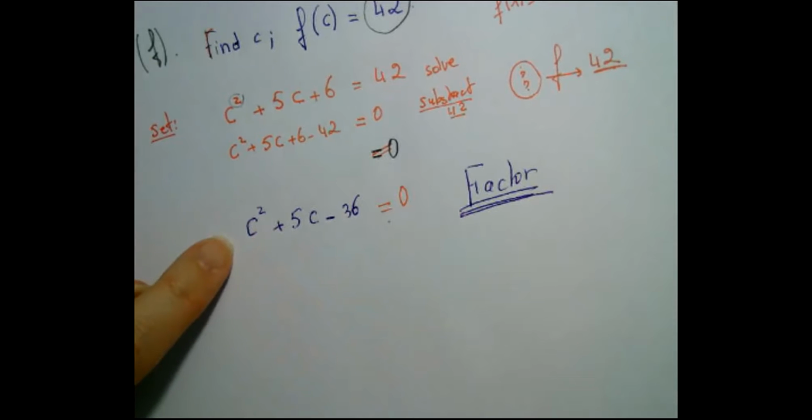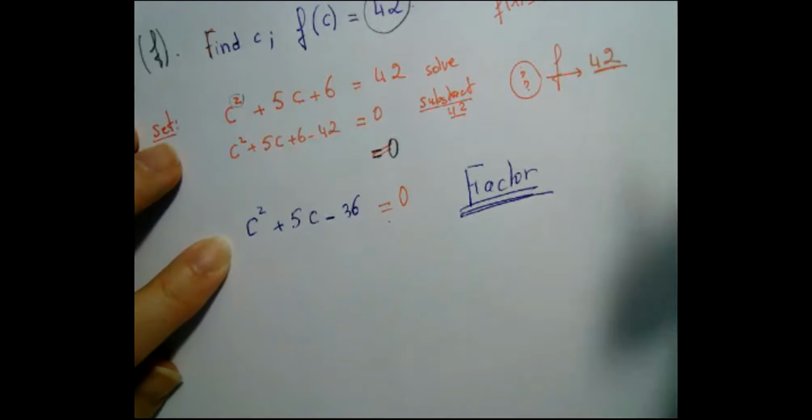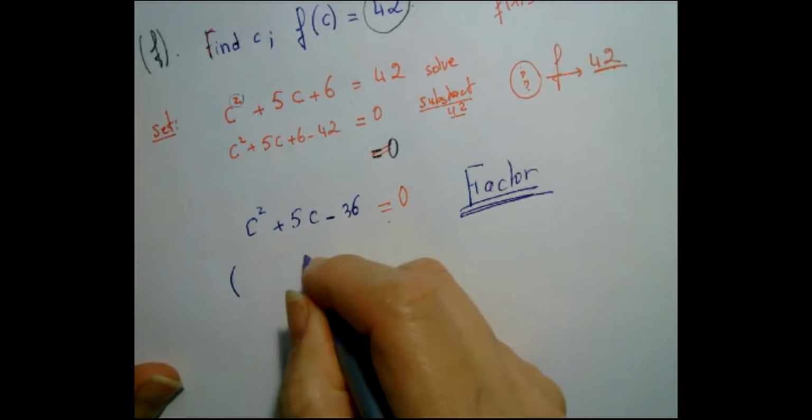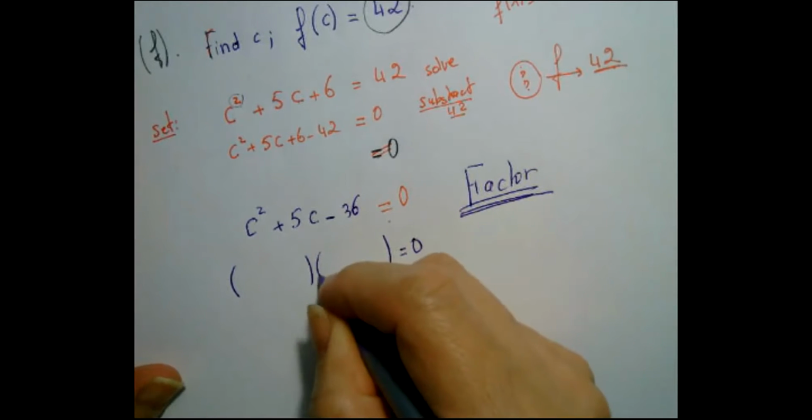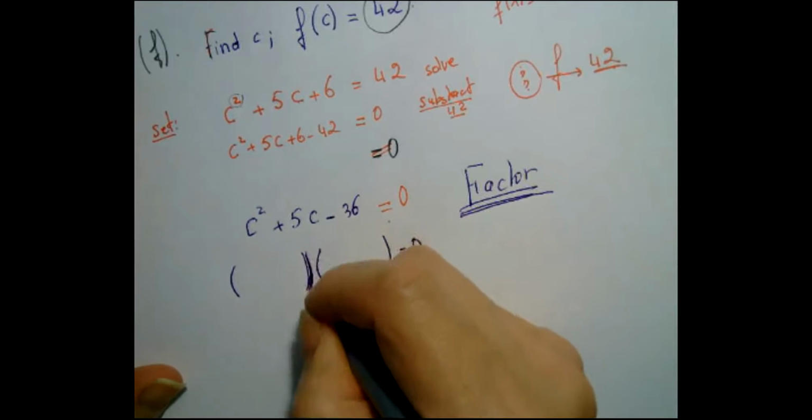So the only way? Do we FOIL it? No, it's called factoring. It's the opposite of FOILing. Yes, so let us factor. We're doing the reverse process.